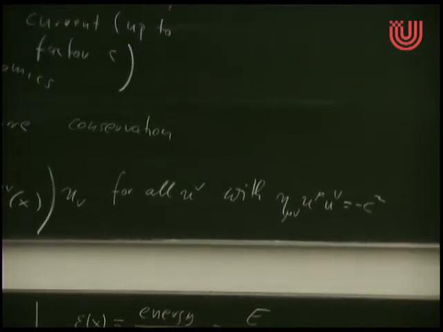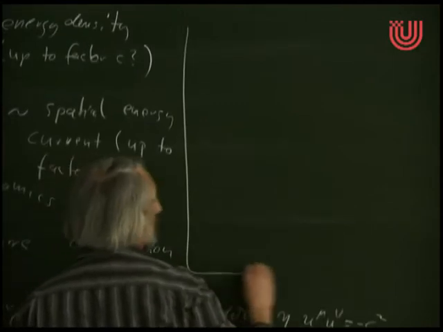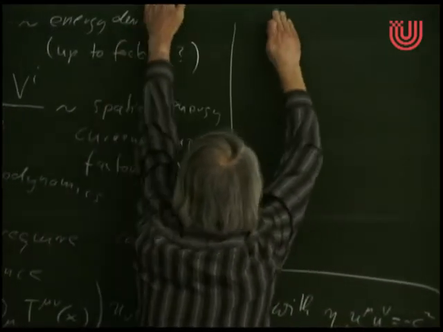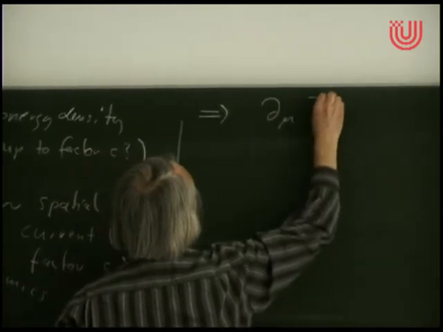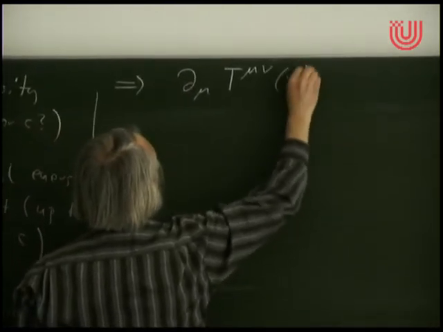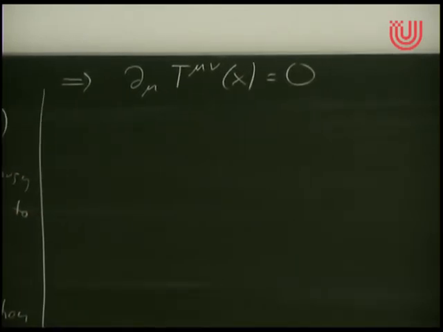And of course, this can hold only if this here is 0. So then we have d mu T mu nu of x is 0. And that's the conservation law for energy in relativity.